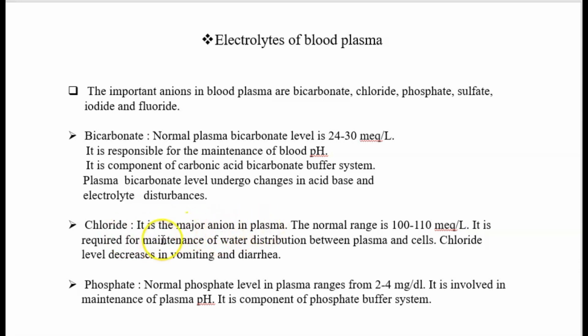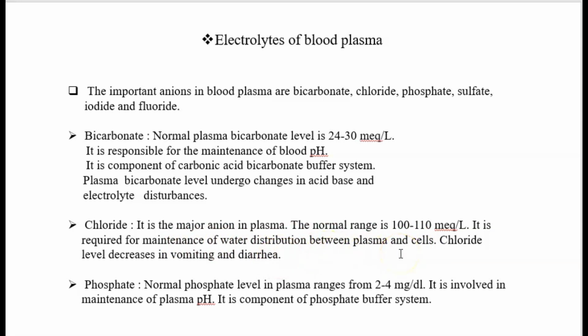They say it is the major anion in plasma with a normal range of 100 to 110, and it is required for maintenance of water distribution between plasma and cell. It means for water to move from extracellular to intracellular, chloride plays a major role.